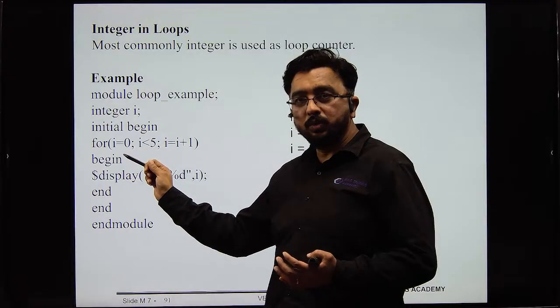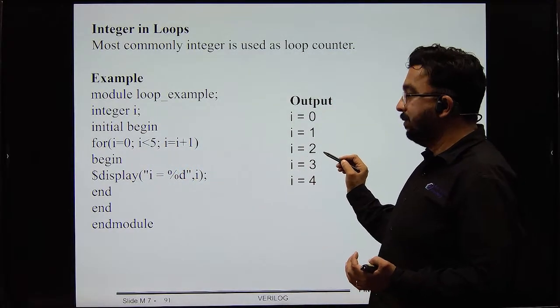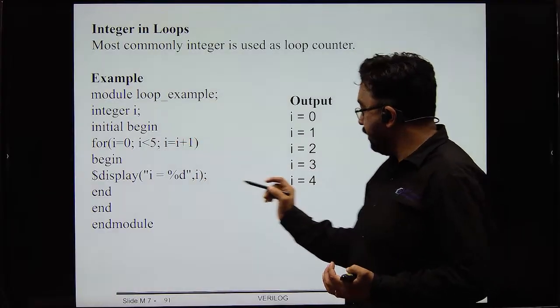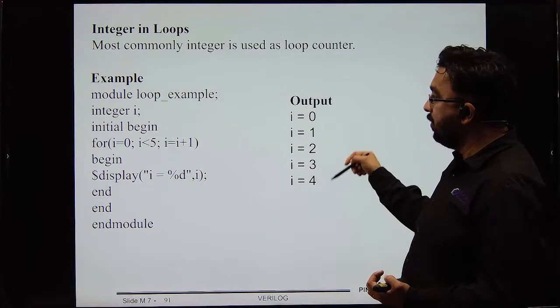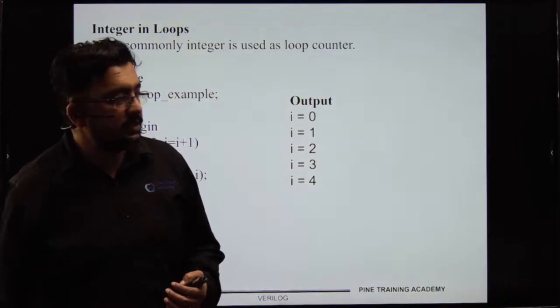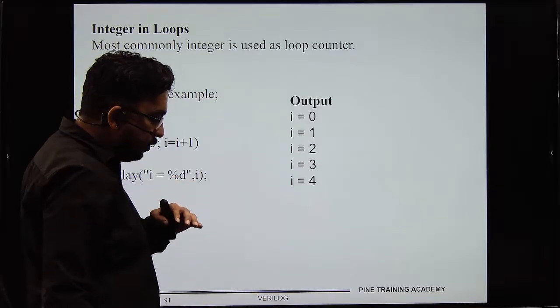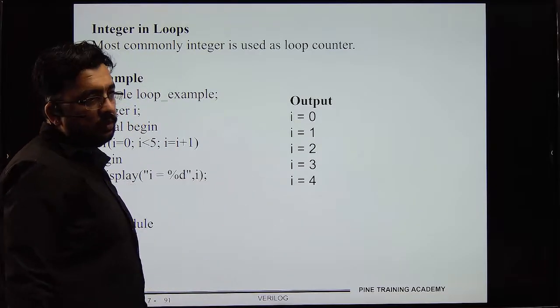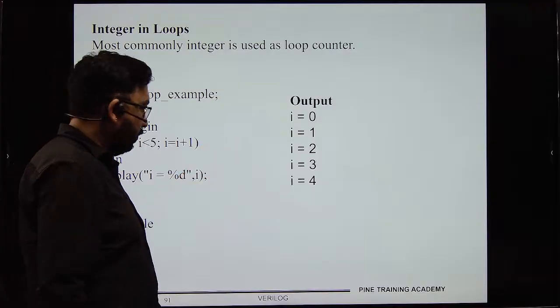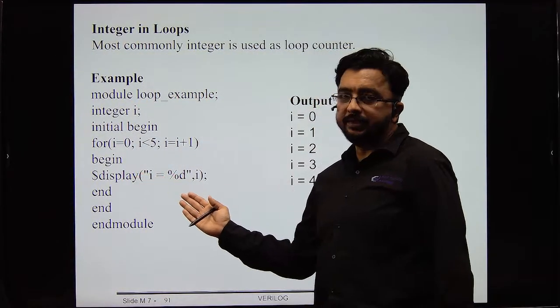Then i is 2, less than 5, yes, and then incrementation. Then 3, and then 4. So your output will be 0, 1, 2, 3, 4. So your loop will work 5 times, including 0. Don't get confused about this, this is just a display.